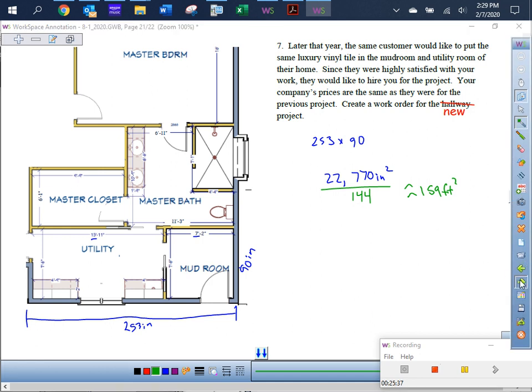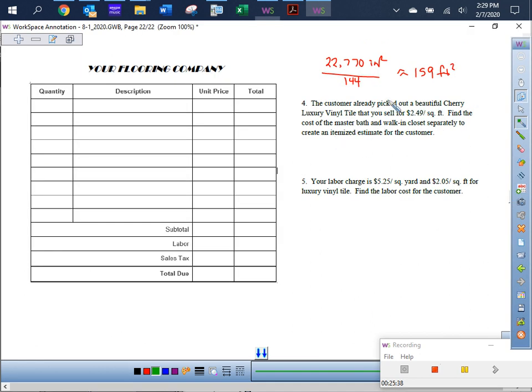Now let's go down here, and it says this is the info from the previous page. I just snipped it, so you'd have to flip back and forth. But here's our LVT. It's $2.49 per square foot. So I'm going to start filling out my work order.